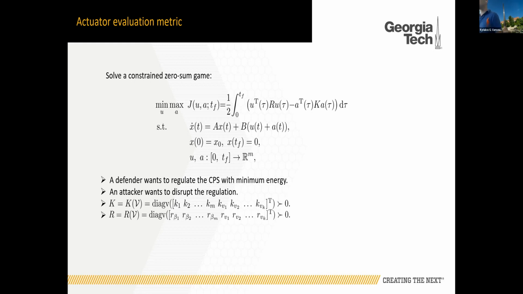What the defender wants to do is regulate the system with minimum energy, because it's the minimizer. As I told you, we're like pessimists. The attacker, from the other side, wants to disrupt this regulation. And of course, the R and the V depend on how you pick your actuators, so they're also time varying. So this is my problem for now.